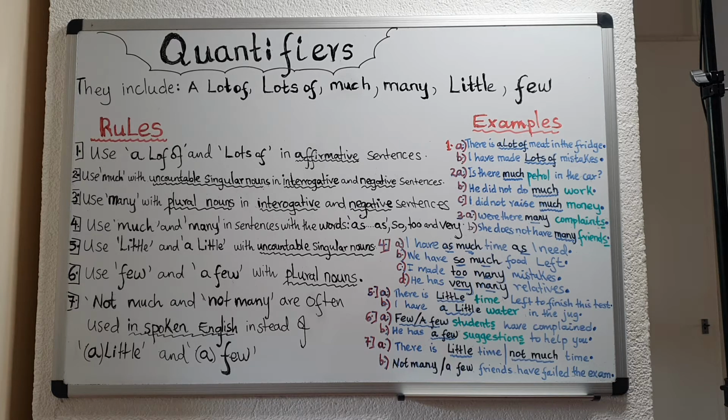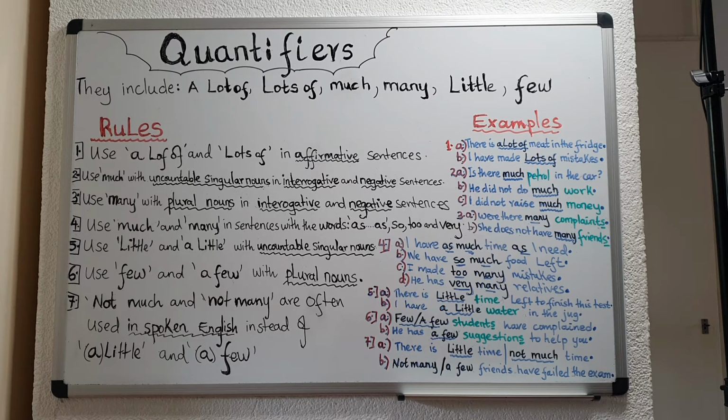Now, to be able to use quantifiers correctly in writing or in spoken English, there are some rules that we have to follow. Rule number 1: use a lot of and lots of in affirmative sentences.